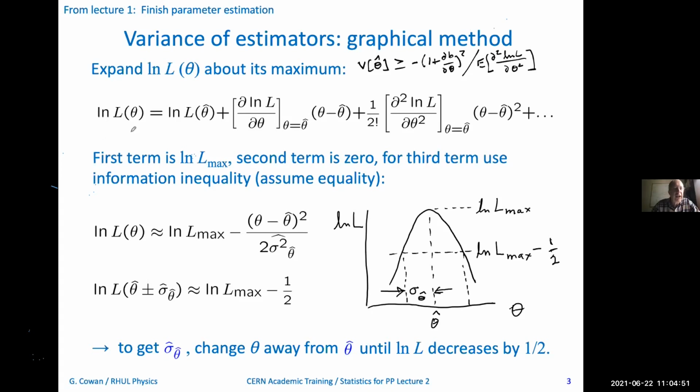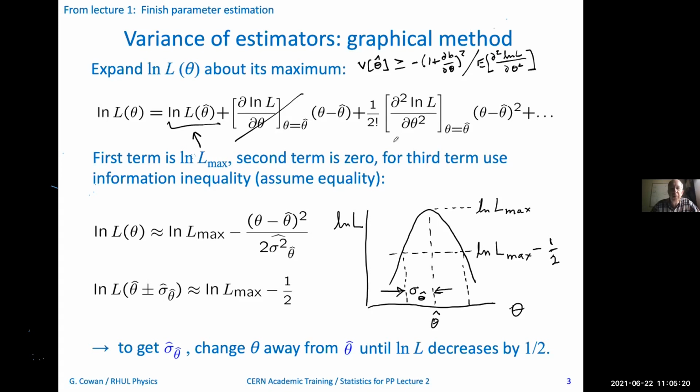So if we said that log L is equal to log L of theta hat plus then a first order term and a second order term, and let me stop at second order. So that first order term, that's just the maximum of the likelihood by definition. Theta hat is the value of theta that maximizes the likelihood. And since I'm at the maximum, then the derivative at the maximum is 0, so that term is 0.